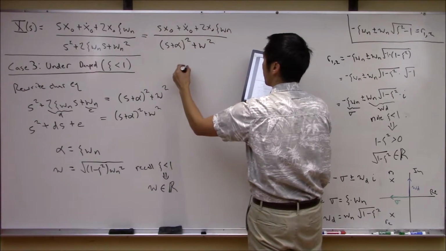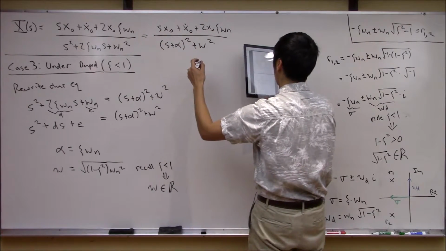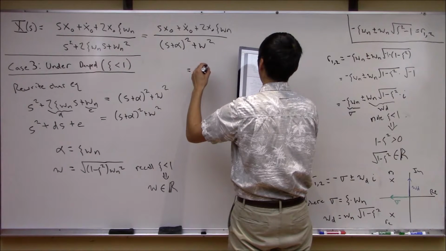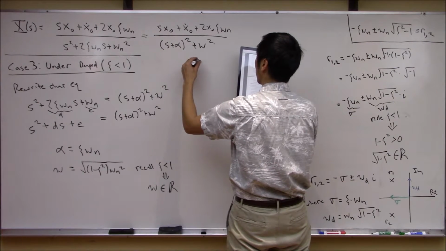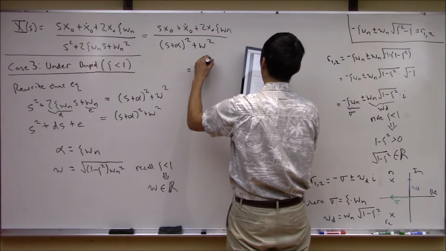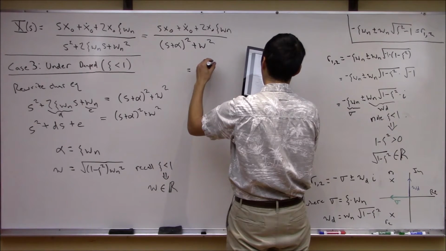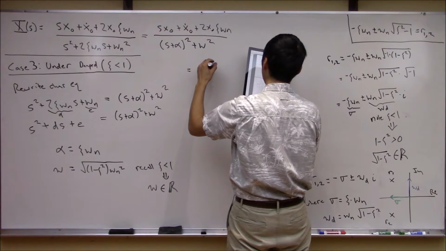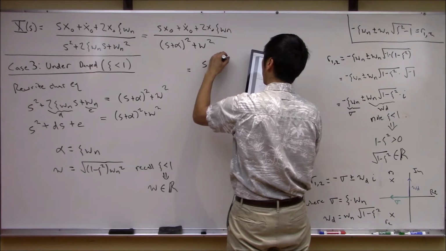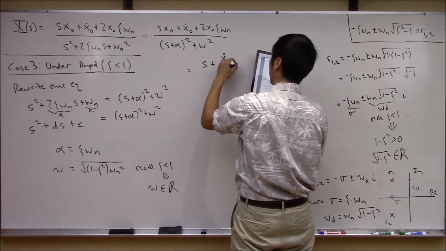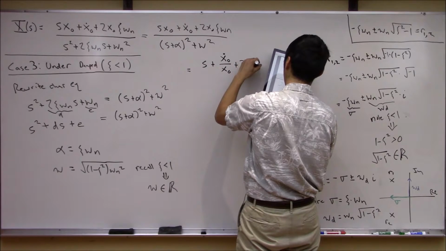Let's do 1 or 2 manipulations. Let's rewrite the numerator by dividing through by x0, so I can write this as s plus x dot 0 over x0 plus 2 zeta omega n.